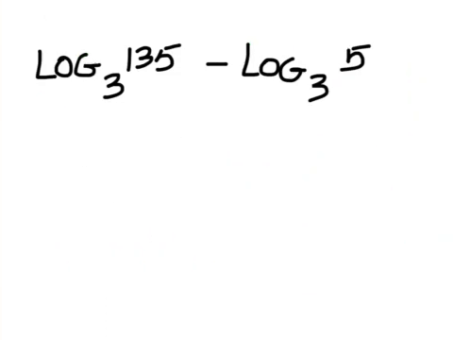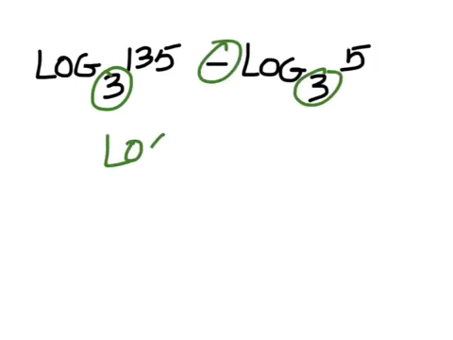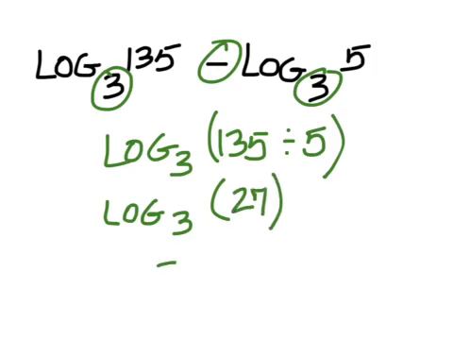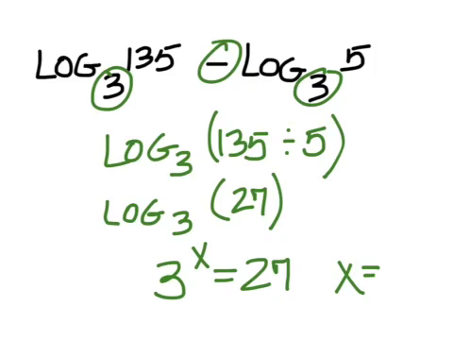We have the same base, and it's subtraction. So we can do log base 3 of 135 divided by 5. We can simplify that to 27. And 3 to some power is 27. What is that something? 3, yeah.